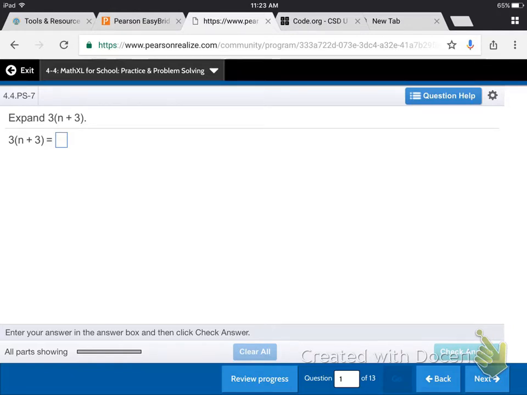It says to expand this expression: 3 times the quantity, that's what the parentheses mean, n plus 3. So what that means is we have to use the distributive property. Do you remember that? Distributive property says that whatever is on the outside of the parentheses, in this case, hang on, let me change my pen color here.